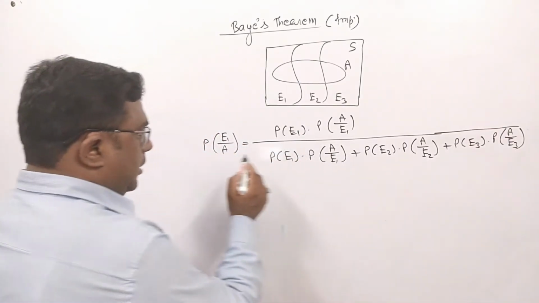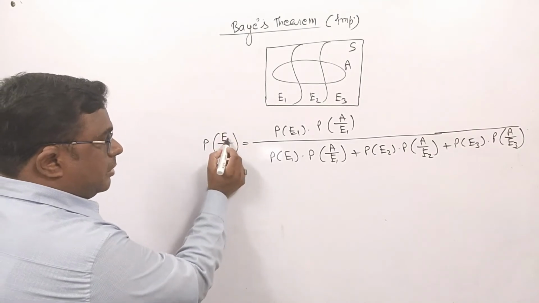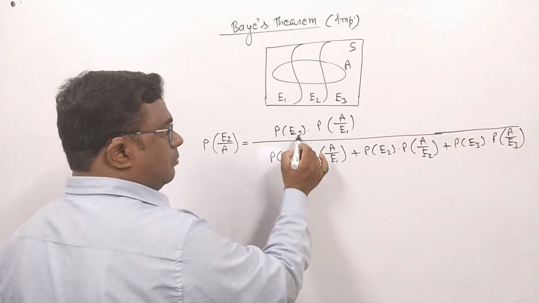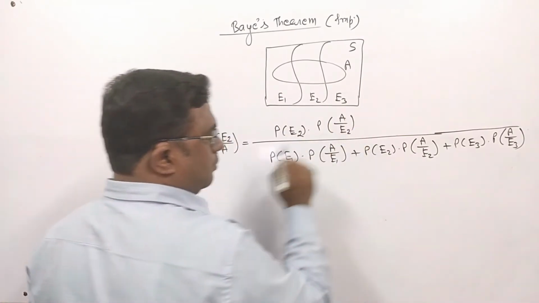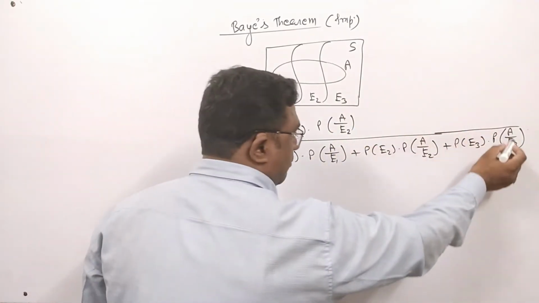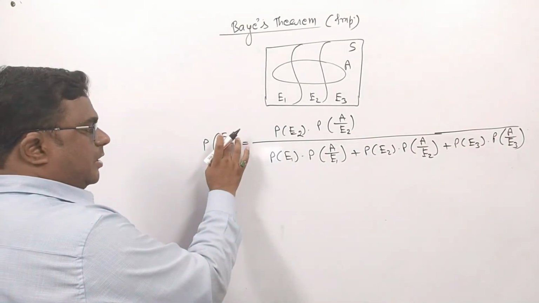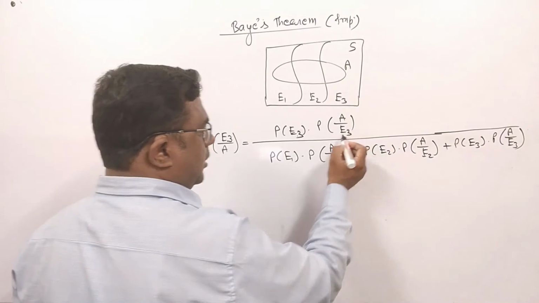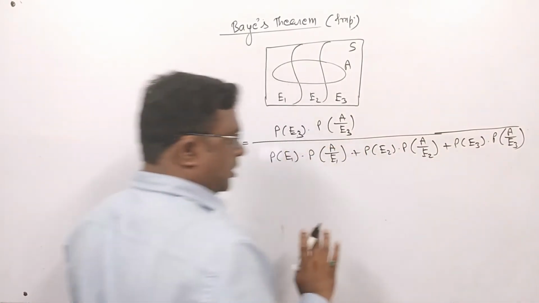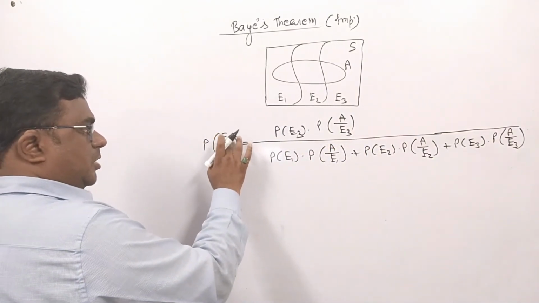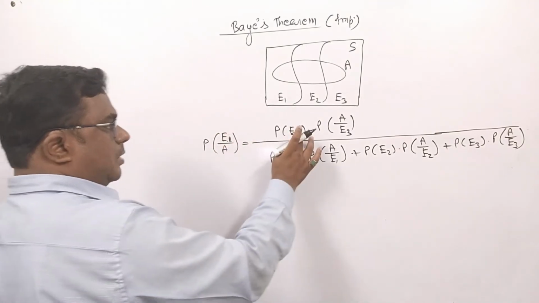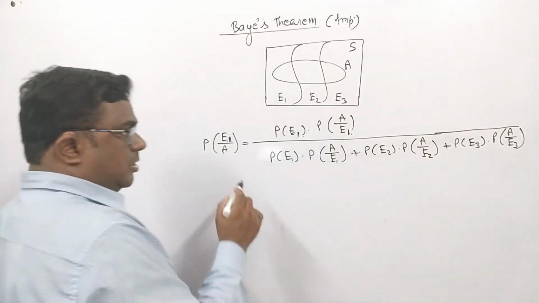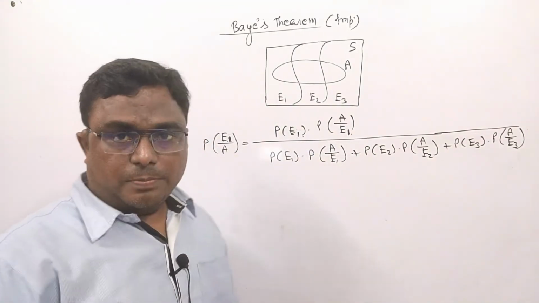Okay, now see, if I take here E2, then here you will write E2 and here you will write E2, and in the denominator there will be no change. Suppose if I write here E3, then here E3 and here E3, and in the denominator no change. Again, suppose it is E1 here, then E1 here, and here also E1. So this theorem is known as Bayes theorem.